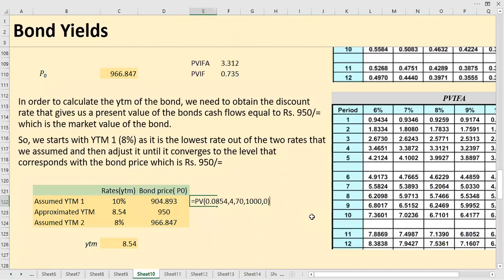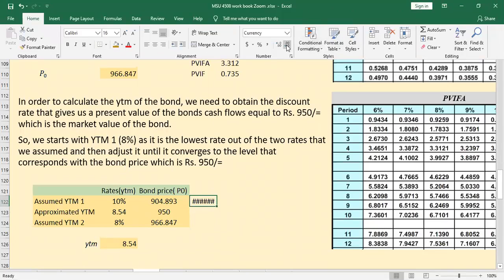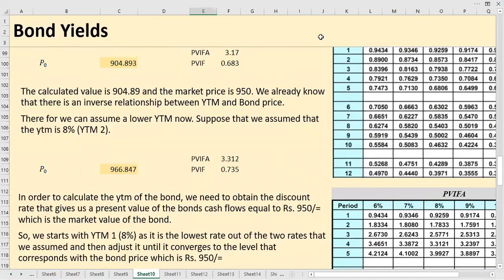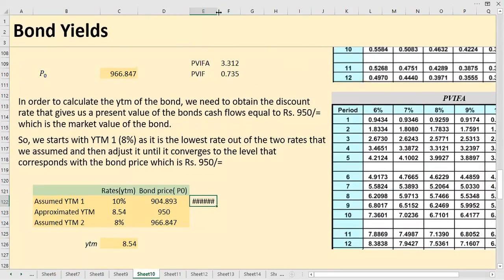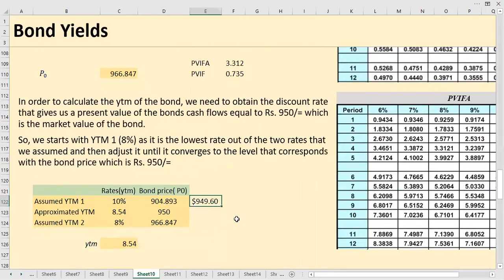Now if you do this sum, you should get 950 as your answer. Yeah, now you can see 949.60.